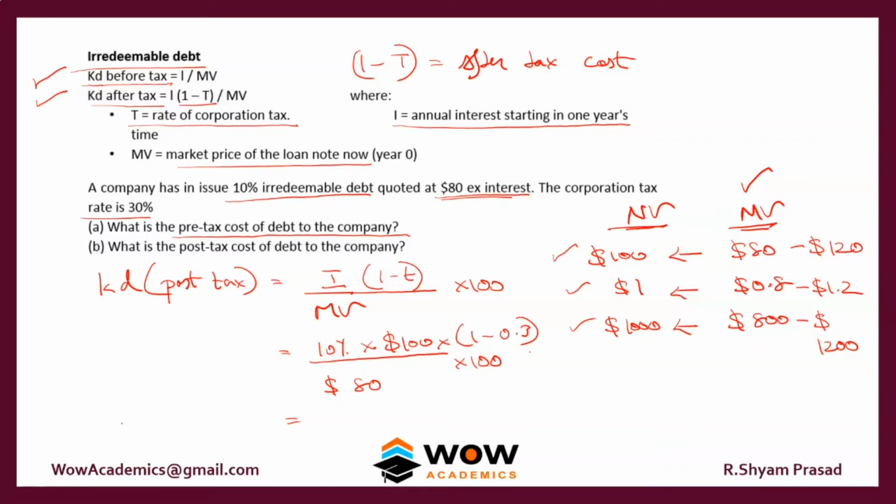Now we'll solve. The numerator will become 7 divided by 80 into 100. So the answer will be 0.0875 into 100. When we multiply, we get 8.75. So that's about the post tax.